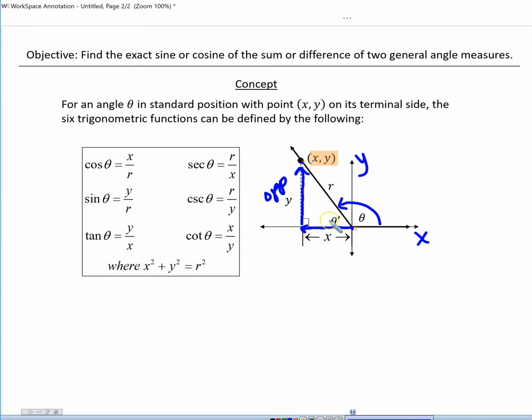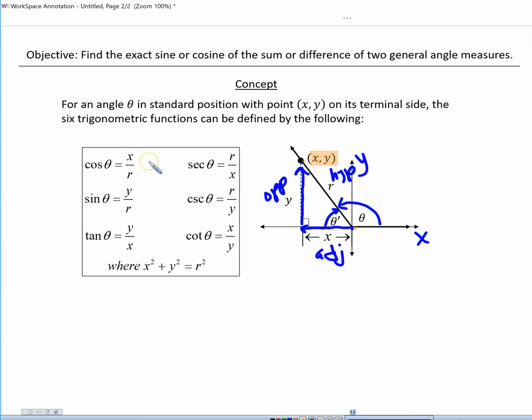So y is our side opposite, r is the hypotenuse of this right triangle, and x is the side adjacent to this angle theta prime.